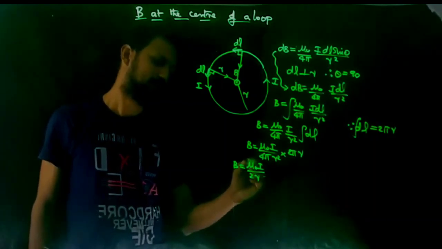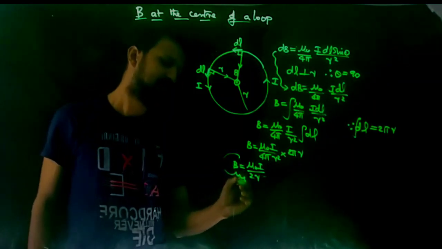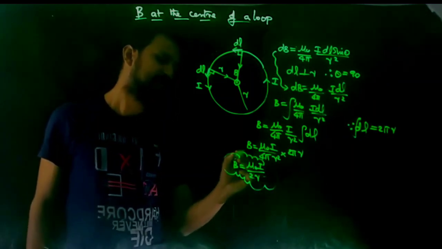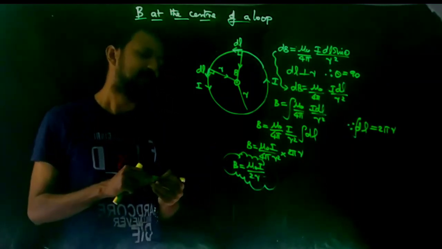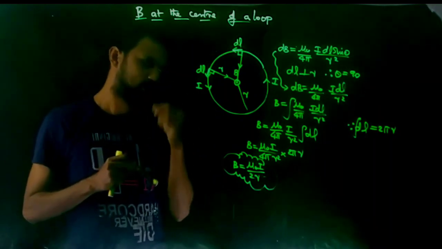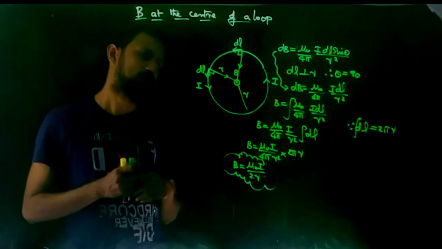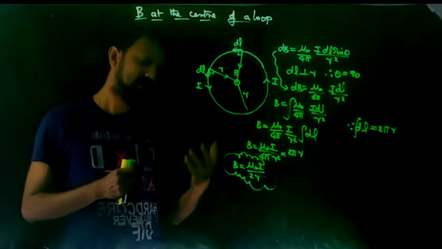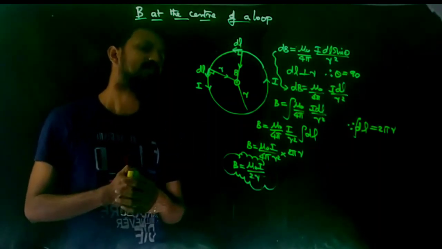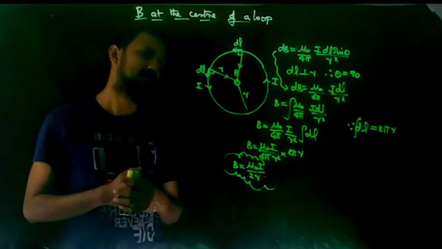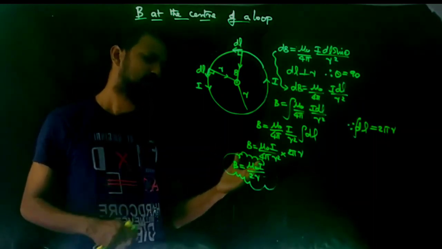This is the expression for magnetic field intensity at the center of a circular loop.